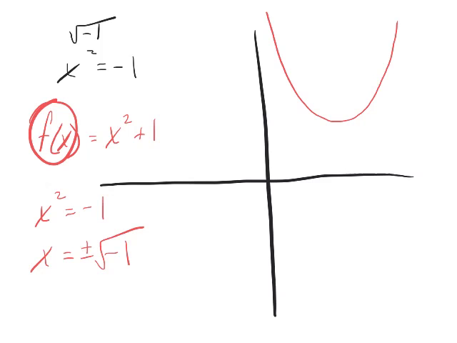If you remember from back in the olden days, we use the symbol lowercase i to represent the square root of -1. We also use i squared to represent -1.